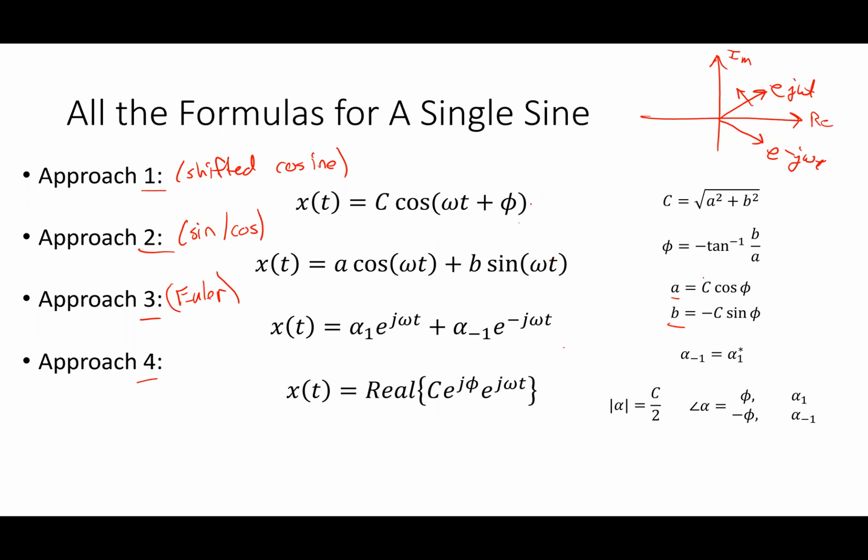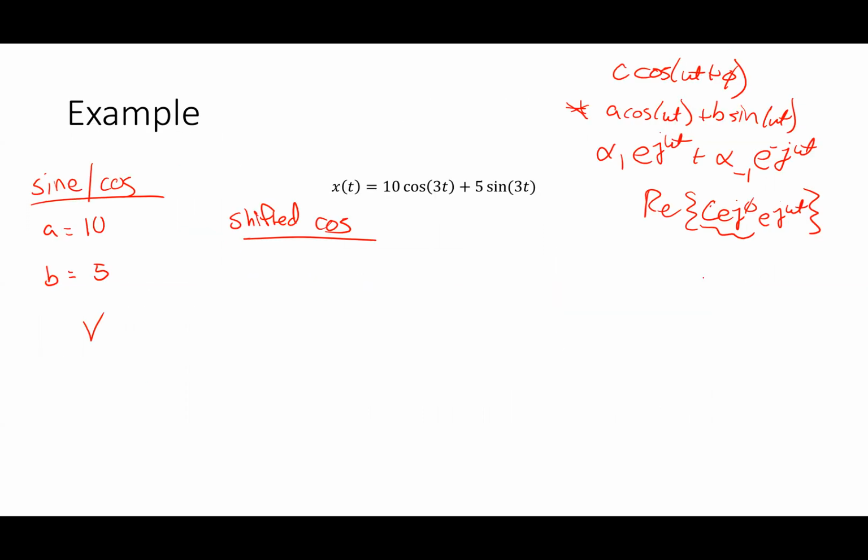Okay. So the way I look at this is I've got A equals C cosine phi and B equals minus C sine phi.